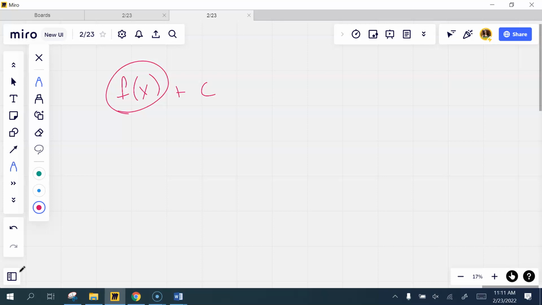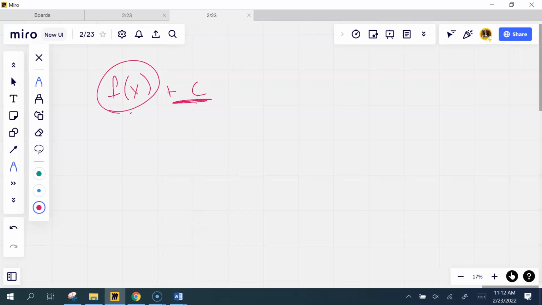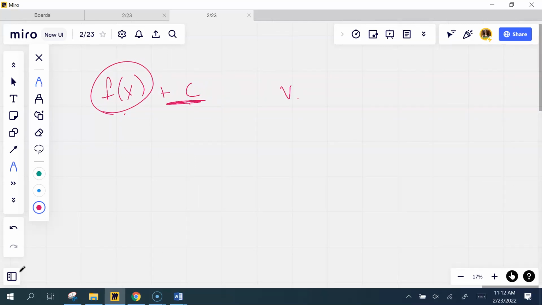If you have a function and you add some number to the end, it takes that original function and it moves it up this many units, okay? So the transformation, the middle column tells you what it's doing, and it says that this is a vertical translation, and translation is one of those geometry words that just means slide, right? So it's a vertical translation up C units.